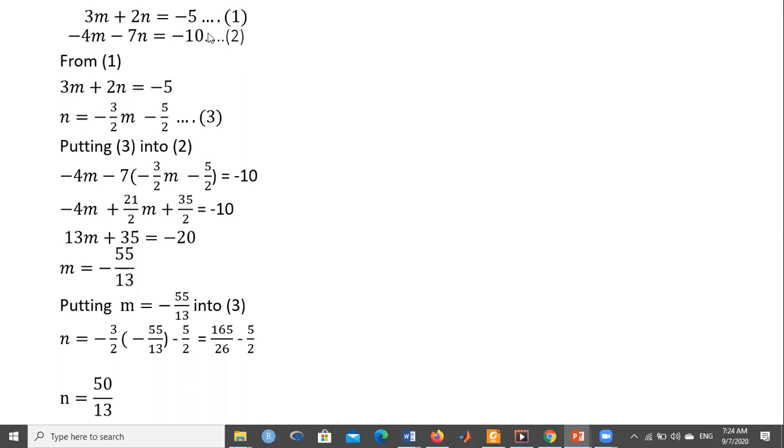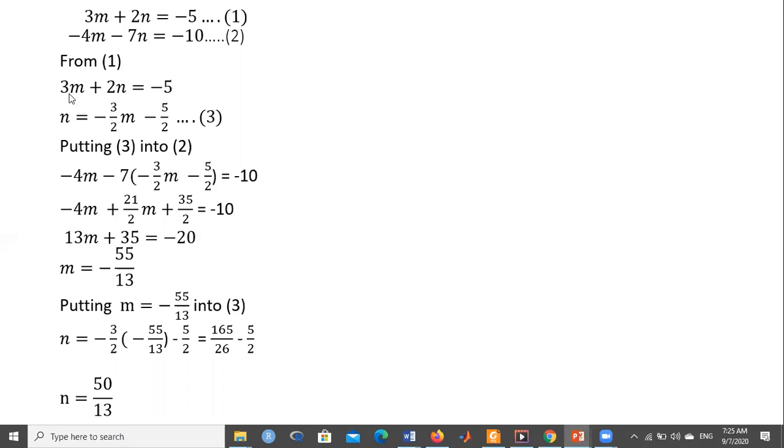By taking one of the equations, here I took equation 1. From 1, I made n the subject. When 3m is sent to the right hand side, it becomes 2n equal to minus 3m minus 5. Then dividing through by 2 to make n the subject, I get n equal to negative 3 over 2 m minus 5 over 2.